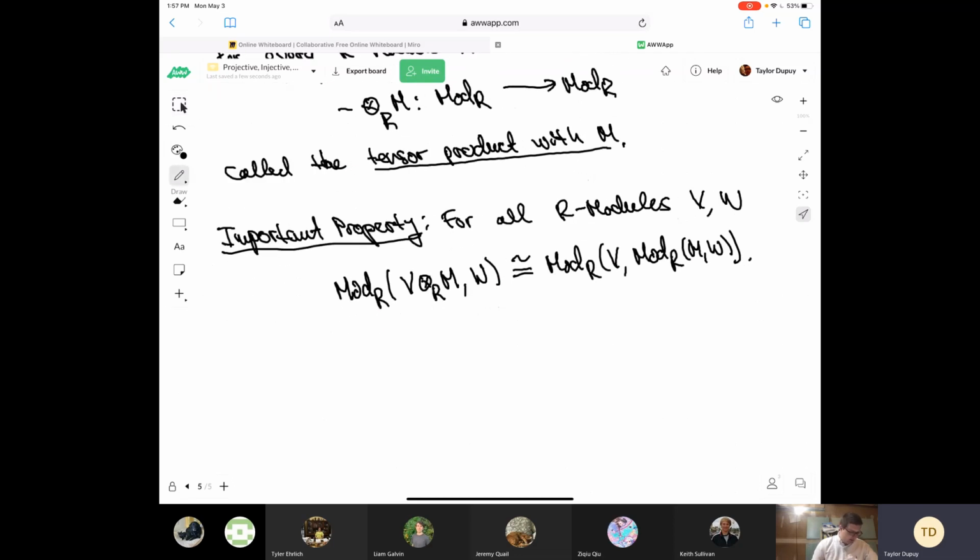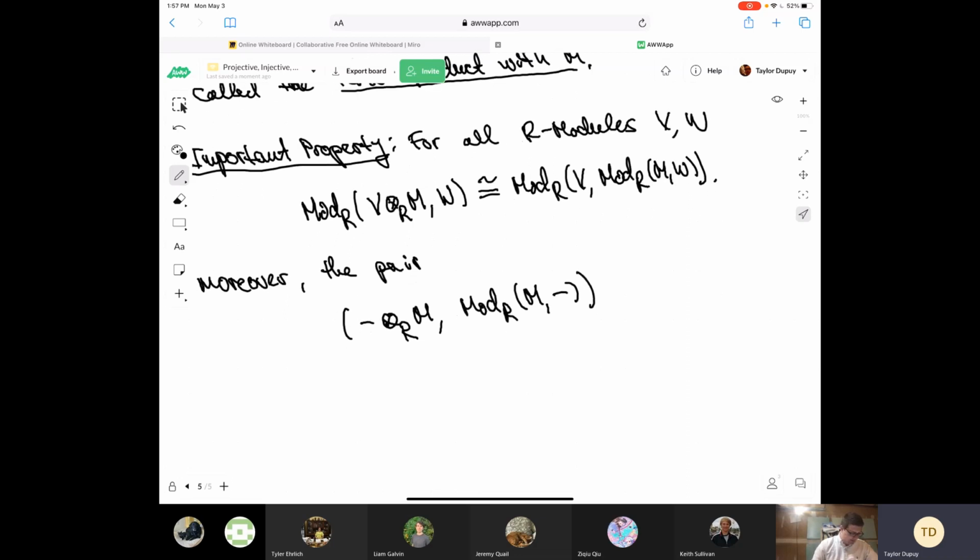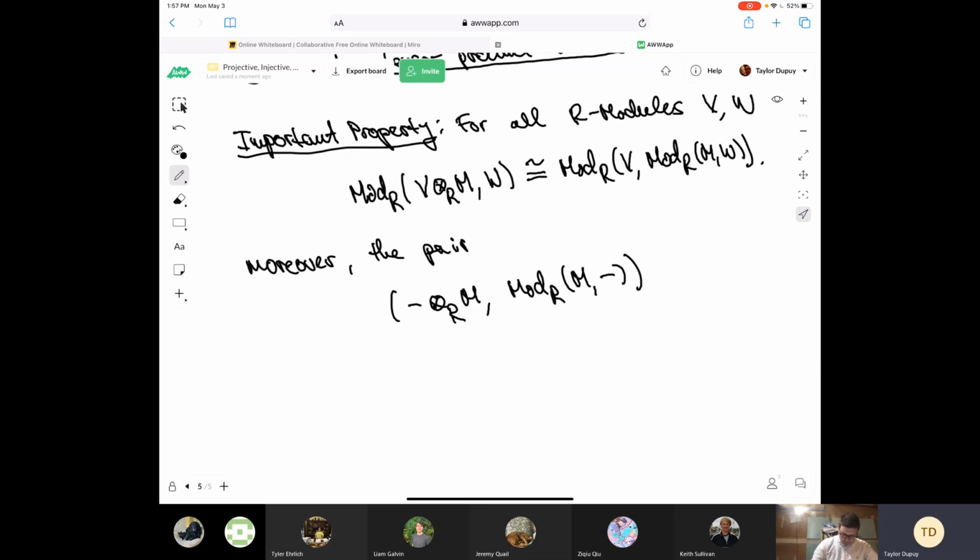It doesn't matter. But moreover, there's two functors, and we have a pair of adjoint functors. So we have this functor, the tensor product functor, and then we have this functor, the functor represented by M, the Hom functor, which is an adjoint pair of functors.